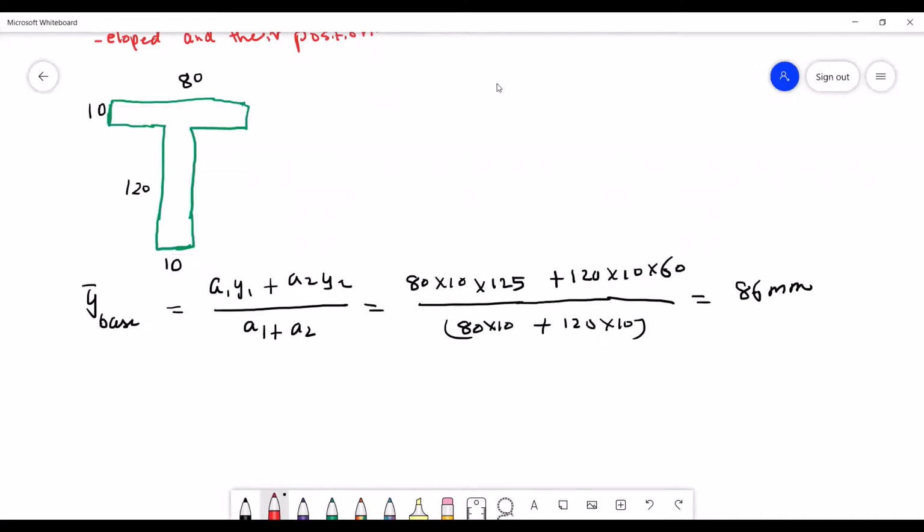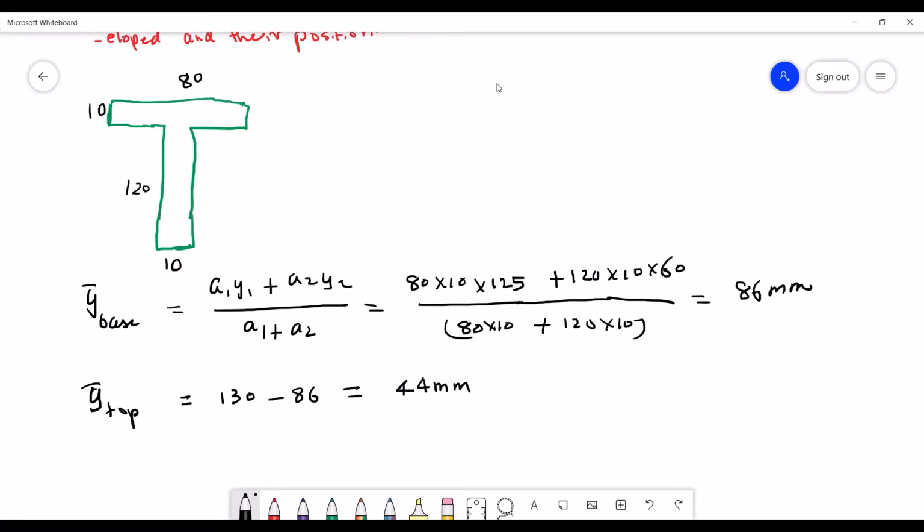So y bar from bottom, otherwise base, is 86 millimeters. So from top, y bar from top is 130 minus 86, that is 44 millimeter.